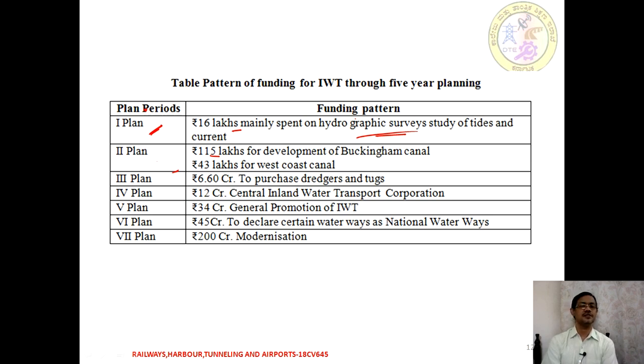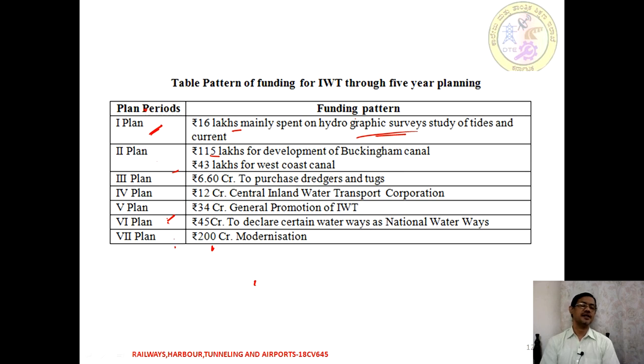Likewise it kept improving, so let us look at the 6th and 7th plans. It was declared in the 6th plan that certain waterways would be treated as national waterways, and the modernization of existing ports was also taken care of.